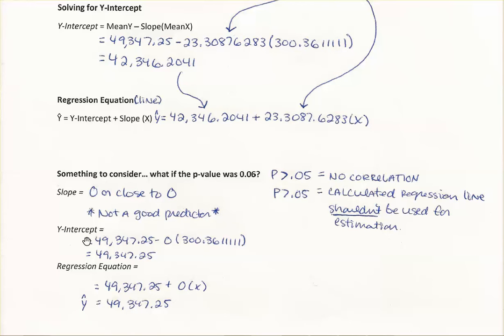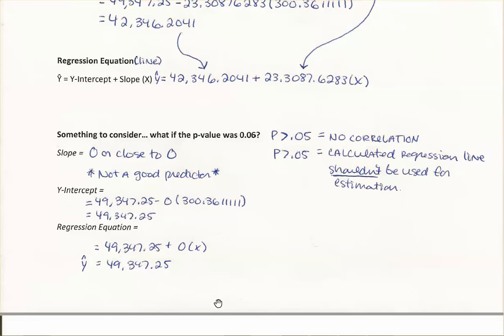So our y-intercept is just 49,347 minus 0 times the mean of x, and 0 times anything is 0, which means our y-intercept is just 49,347.25. That also means in the regression equation, because you're taking that slope times the x value, our regression equation is just y hat equals 49,347.25, which is why there's really no correlation going on there.